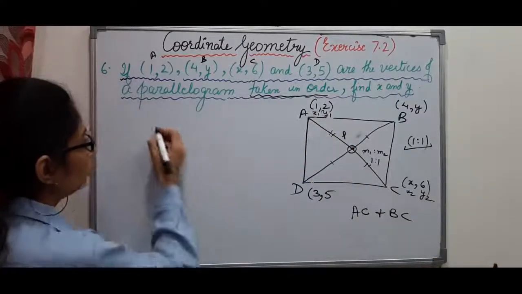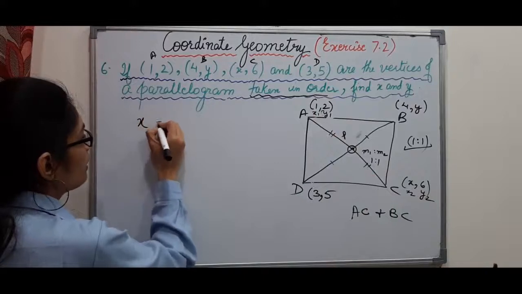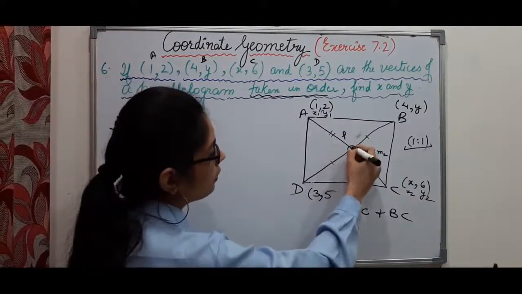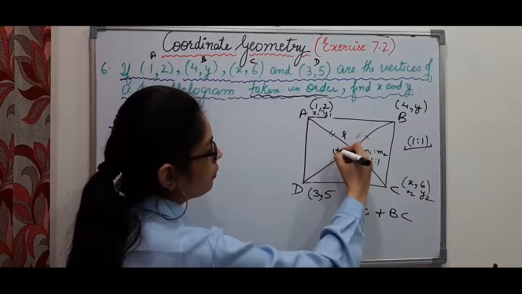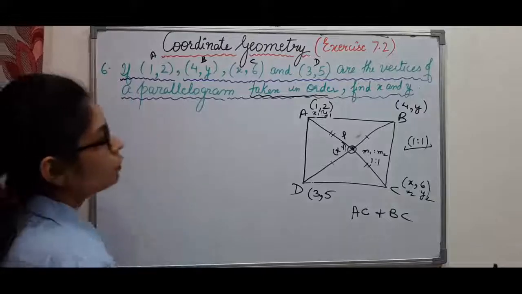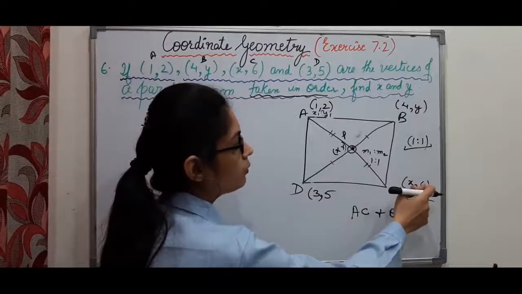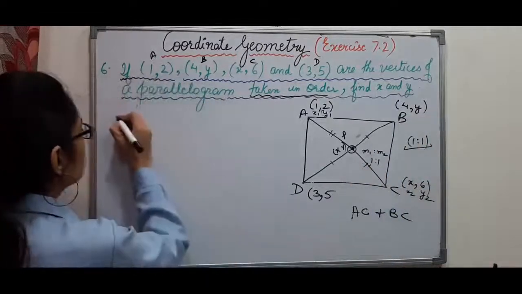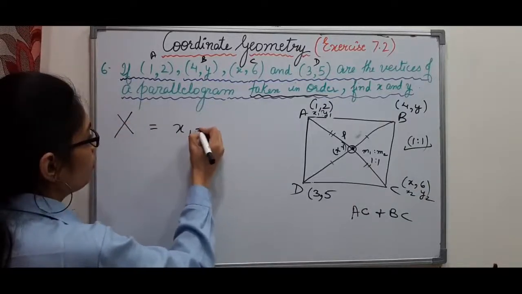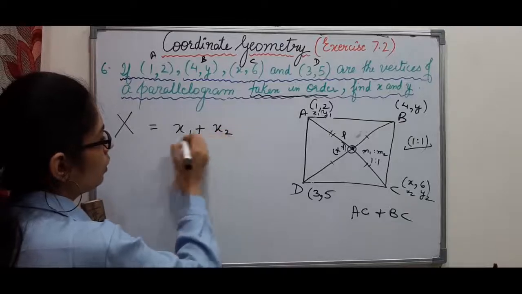We can find the value of the coordinate x. Those coordinates are present here. I will represent it by capital X, because small x we have already here. So capital X equals (x1 + x2) upon 2.